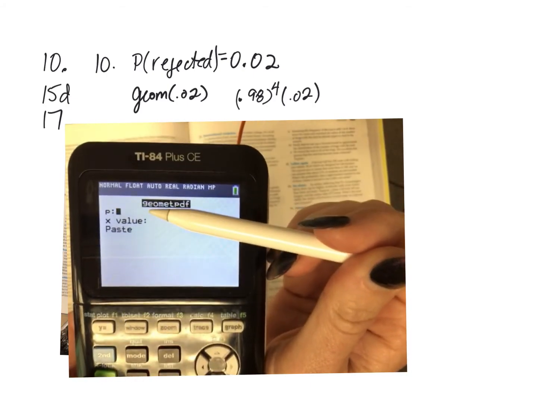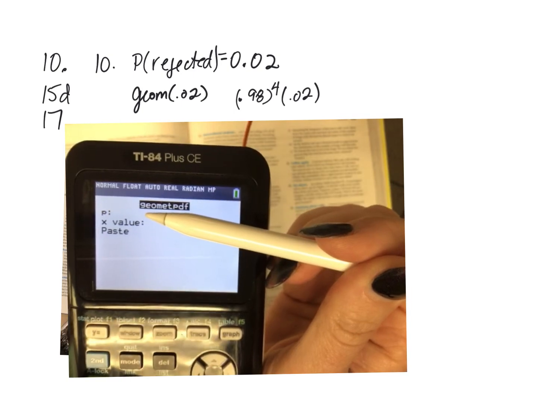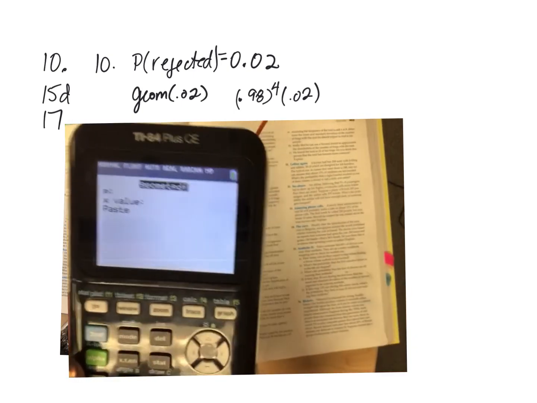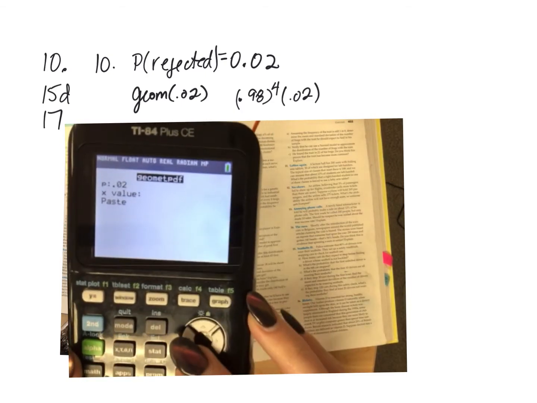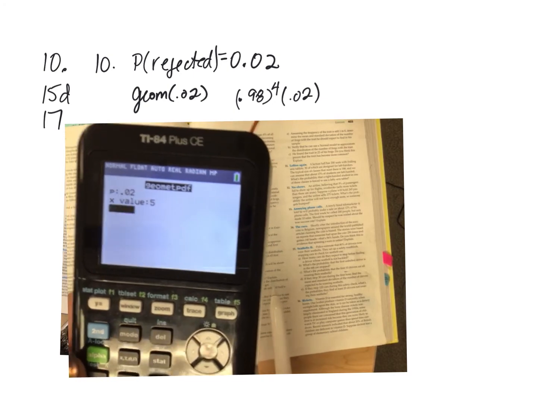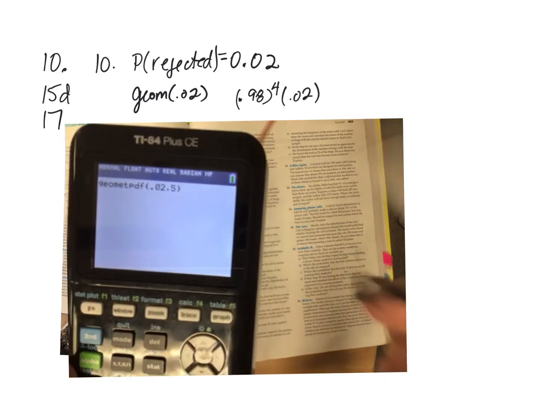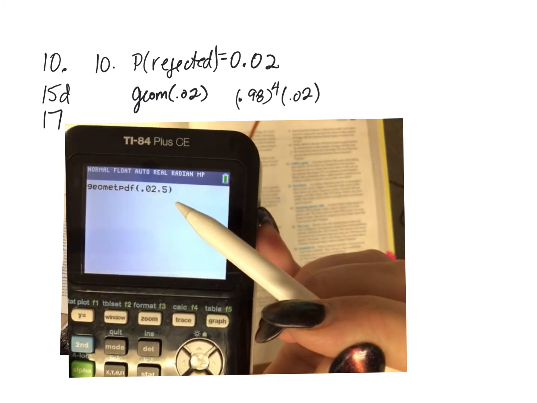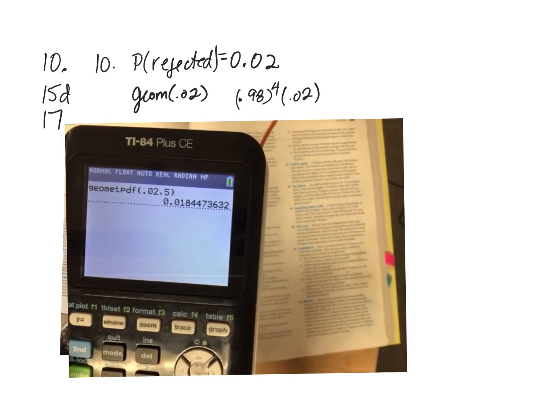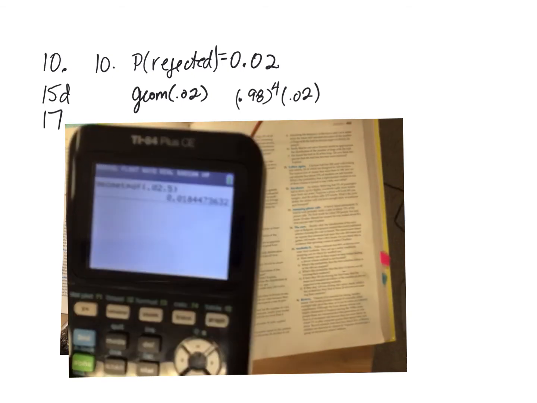These calculators is why we upgraded the calculators, because it gives us information as to how to use the function. P is our probability, 0.02. And the x value I'm interested in is 5. And I hit enter and paste. This is how I'm going to write it on my paper. Geomet PDF 0.02, 5. And then there is my answer.